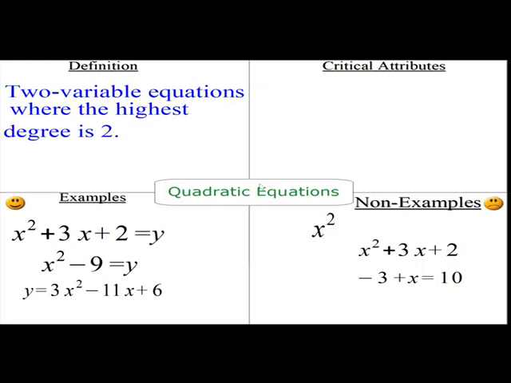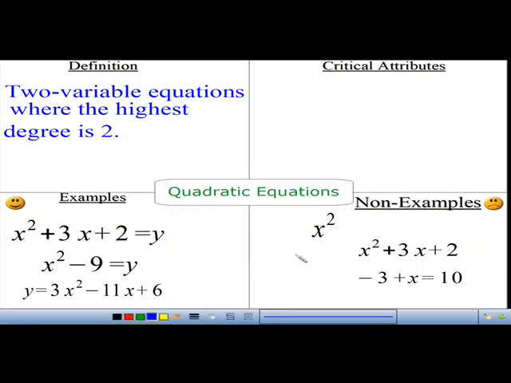What makes a quadratic equation a quadratic equation? Give me one, please. Hector, hashtag what? Hashtag quadratic equations.